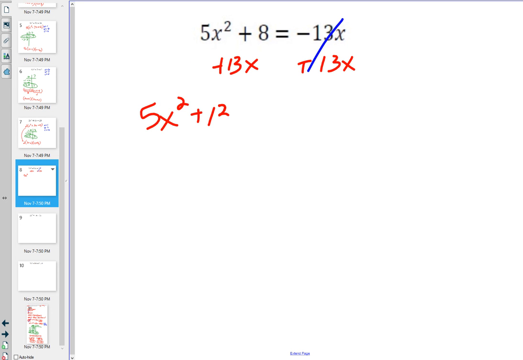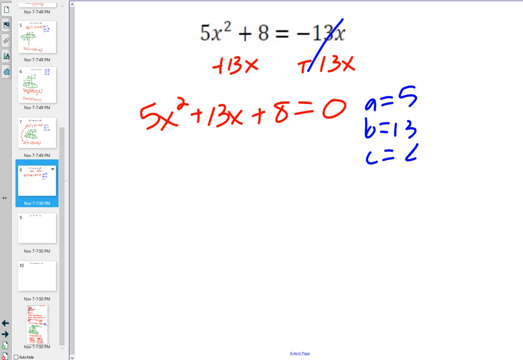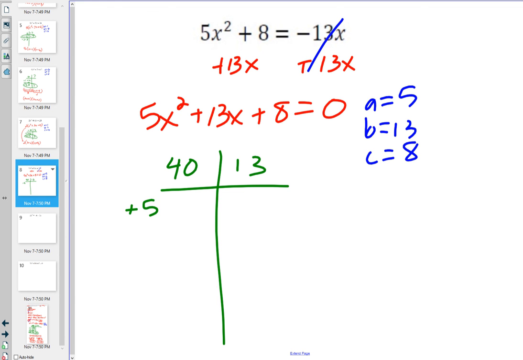5x squared plus 13x plus 8 is equal to 0. There is no GCF. There is no perfect square trinomial, so I've got to do a chart like I've been doing all day. At least everything's positive. 5 times 8 is 40. Just to save time, what two numbers multiply? This is going to be positive 5 and positive 8.